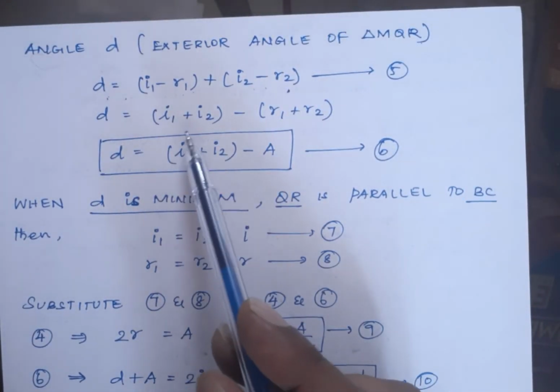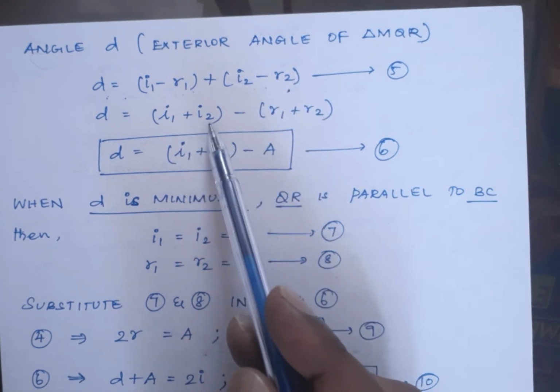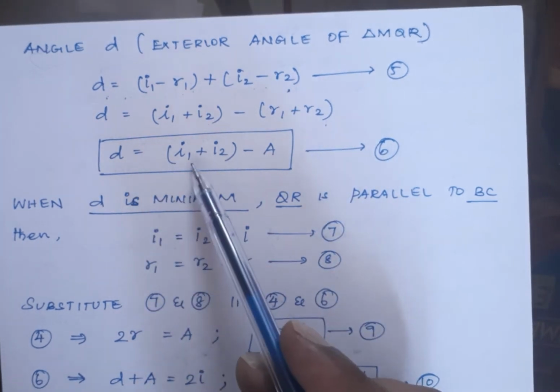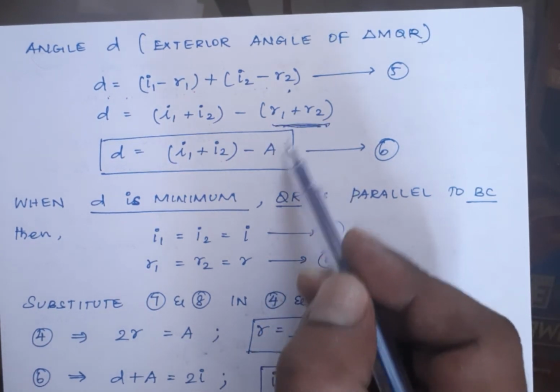Right. D equal to I1 plus I2 minus of R1 plus R2, which is equation number 5. Now D becomes equal to I1 plus I2 minus A, because R1 plus R2 is equal to A.